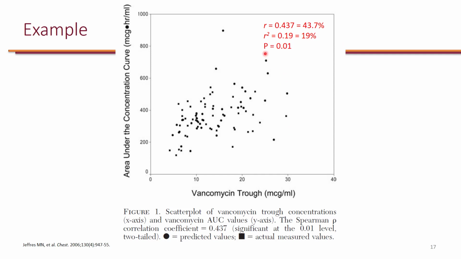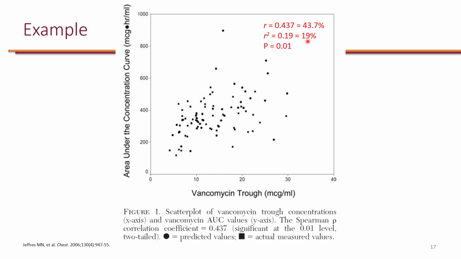Now, if you look at the p-value, you can see that while the correlation is not strong, it is statistically significant. So you can say that there is a significant, and by significant we mean statistically significant, correlation between the trough and AUC of vancomycin. Now, if you square this, if you get R squared, you get the coefficient of determination, which becomes 19%.